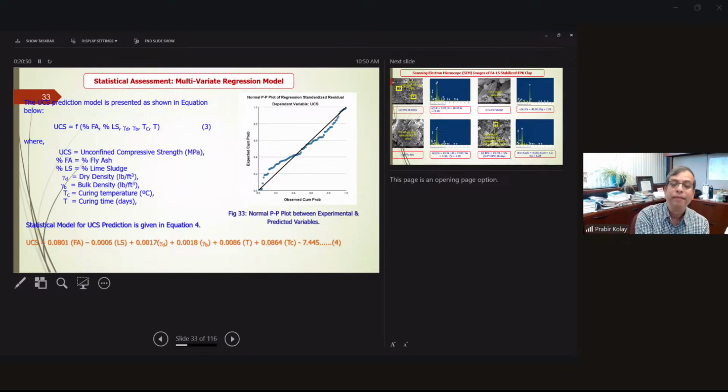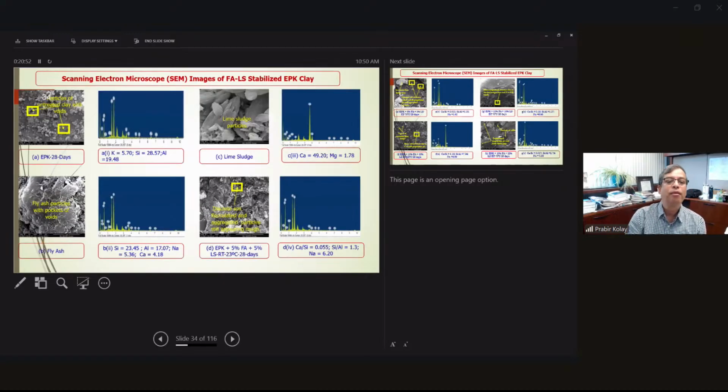So now what is happening in this scanning electron microscope study, you see the lime sludge and fly ash. This is the original sample. Over here, the fly ash particles, the pockets of the voids.